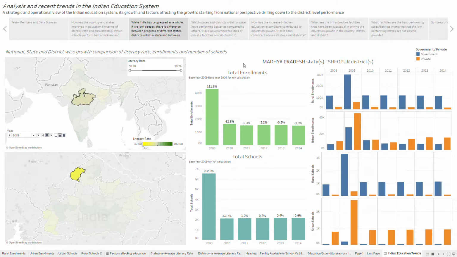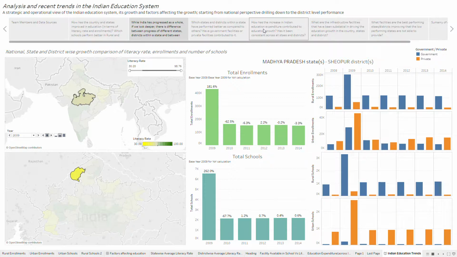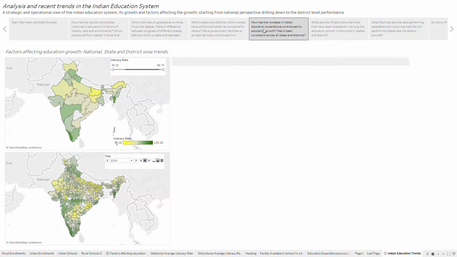And the second dashboard that we have will help us tell that, because it tells us what are the facilities that have contributed to the growth of the education system in the country.